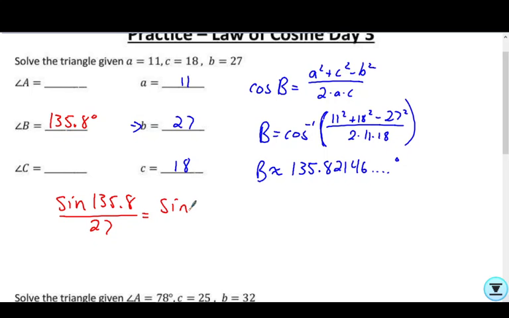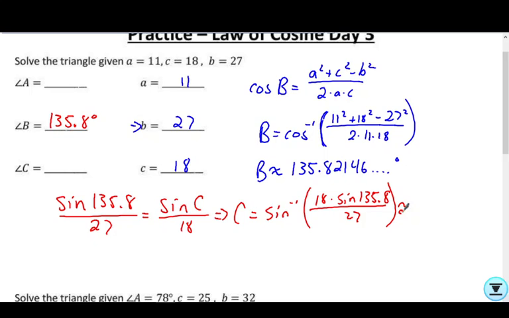So let's find angle C next. We use this law of sines ratio and plug into the calculator. So C equals inverse sine of 18 times the sine of 135.8 over 27.